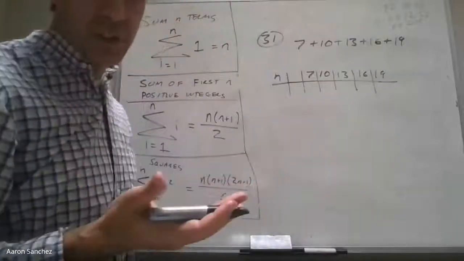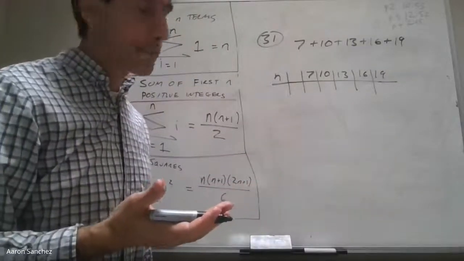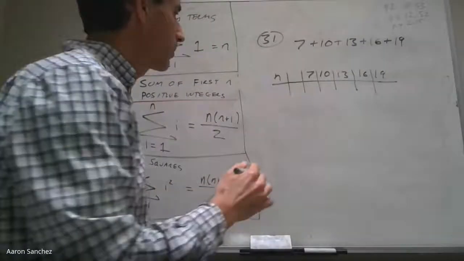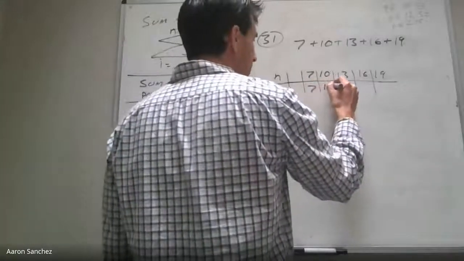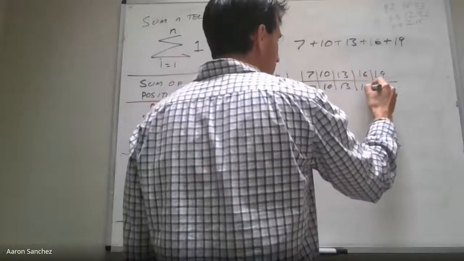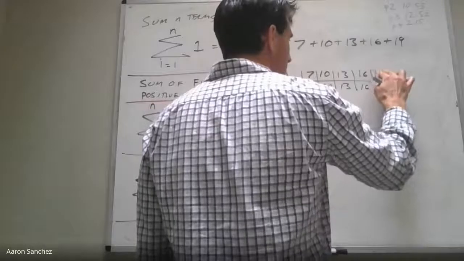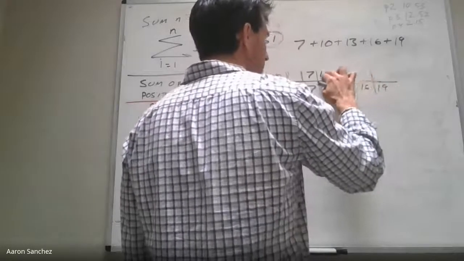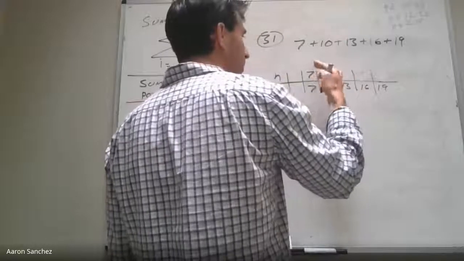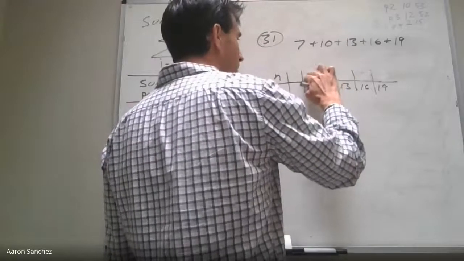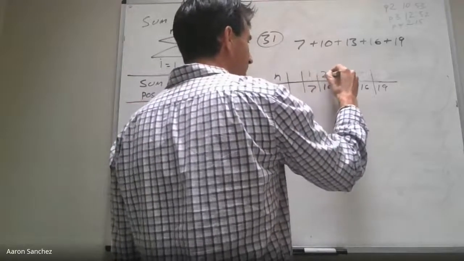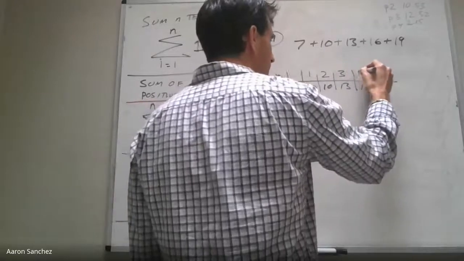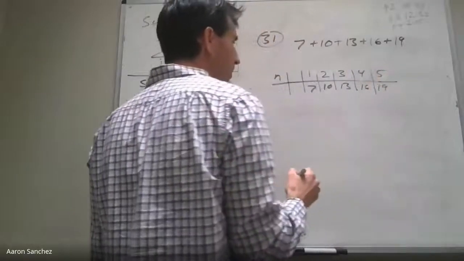I wrote it wrong: 7, 10, 13, 16. Angel's right. So I have 5 terms here. My first term is 7, my second term is 10, my third term, fourth term, fifth term.